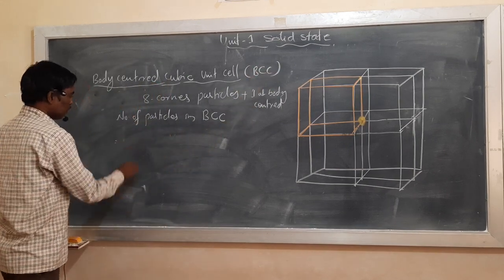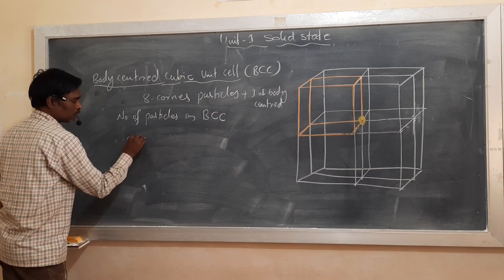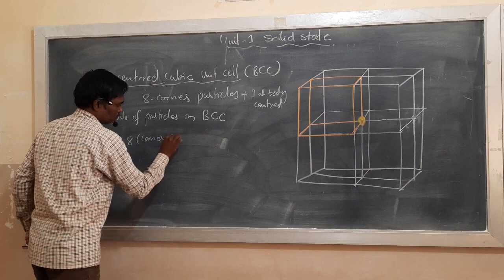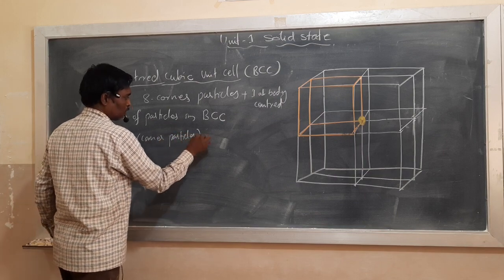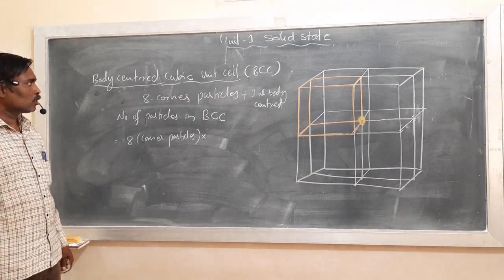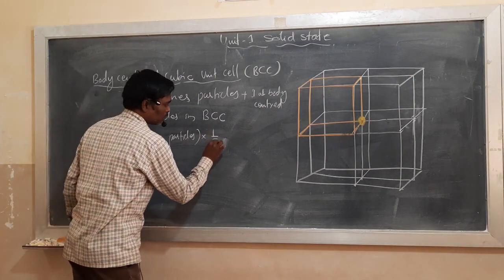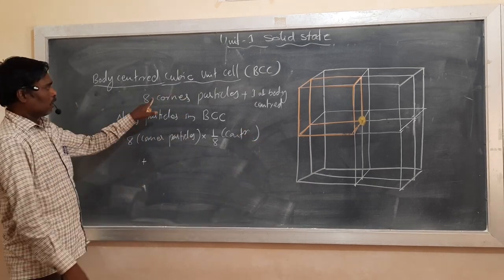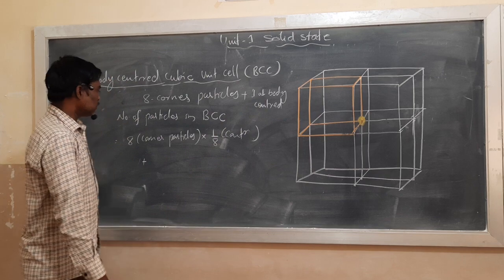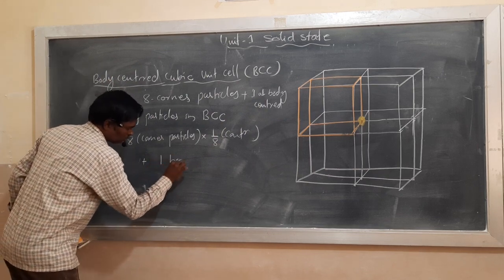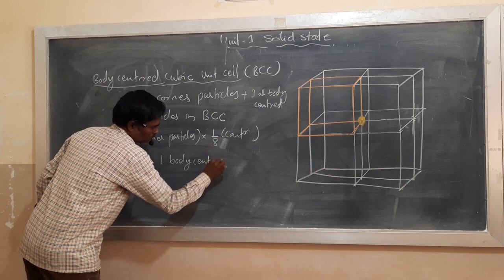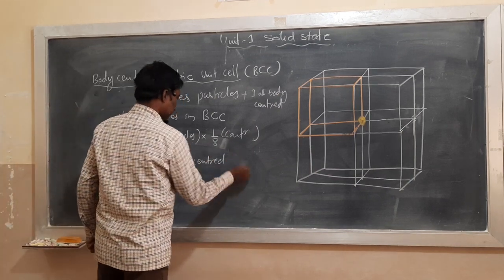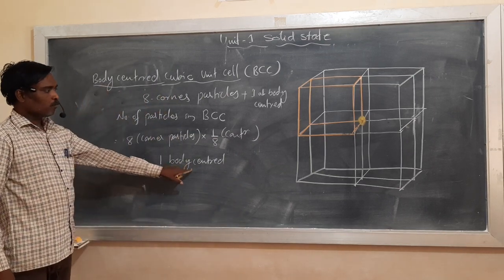In BCC, there are 8 corner particles, into the contribution of each corner particle, which is 1/8, plus along with the corner particles there is one body center particle, and the contribution of this body center particle is completely to that unit cell. So we consider this as one complete particle.